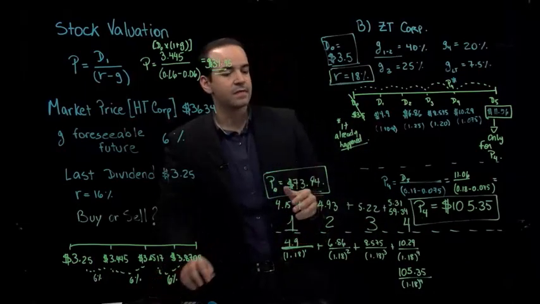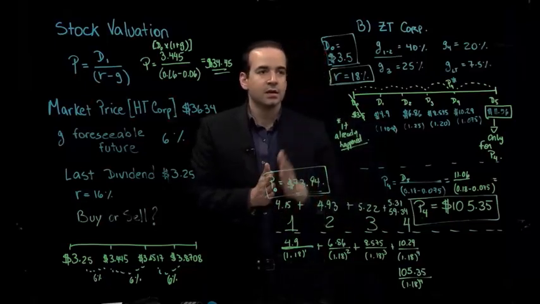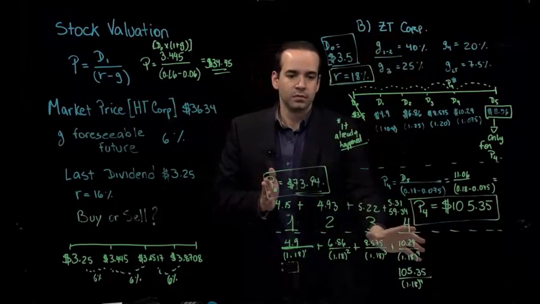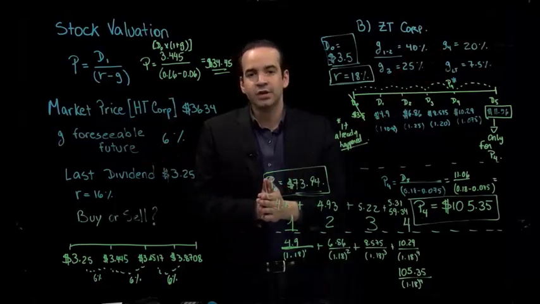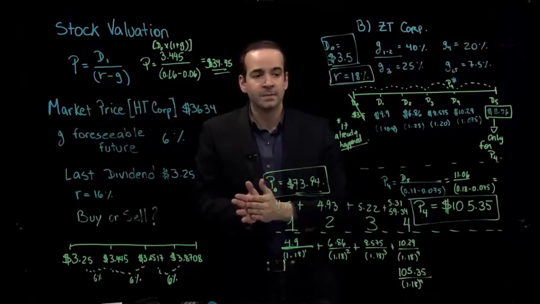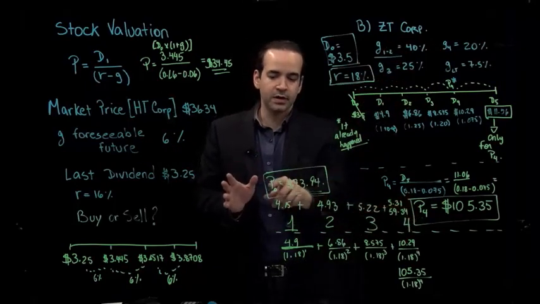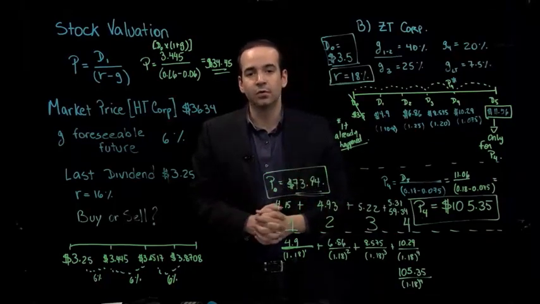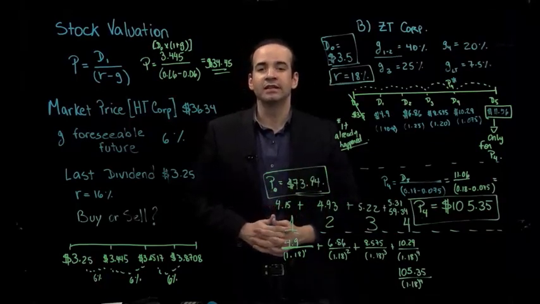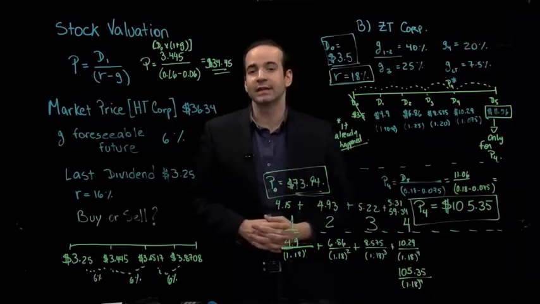So if the stock price of CT Corp, which is this company, which just launched a new chain of restaurants or a new product, if CT Corp's stock price is above 73.94, it may not be such a good idea to purchase that stock at that time.